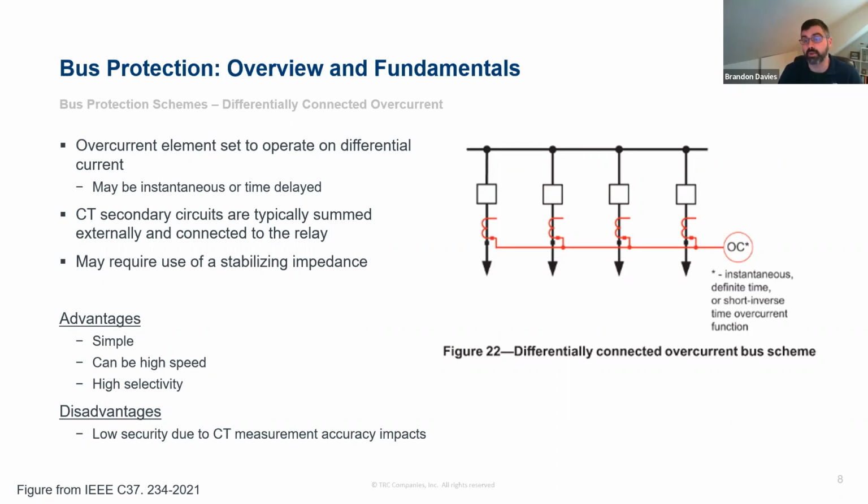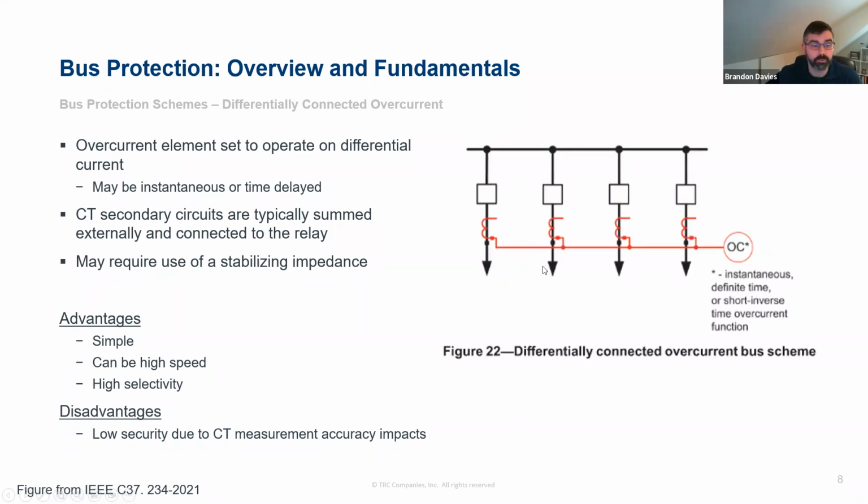So this could be a scheme that would give you that clearing of a bus fault in 4 or 5 cycles that I mentioned when we were talking about the objectives. And in general, it's fairly selective. So you're going to operate for bus faults, and you're going to operate just the required breakers when that happens.